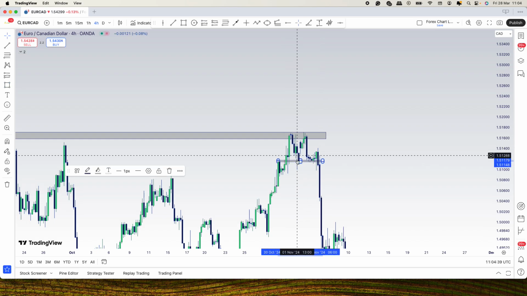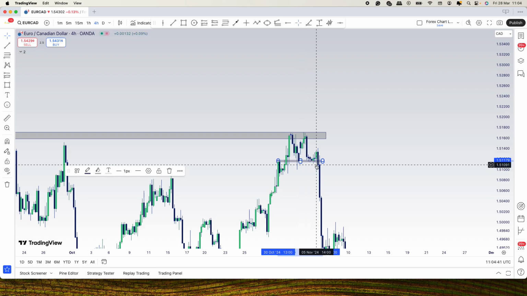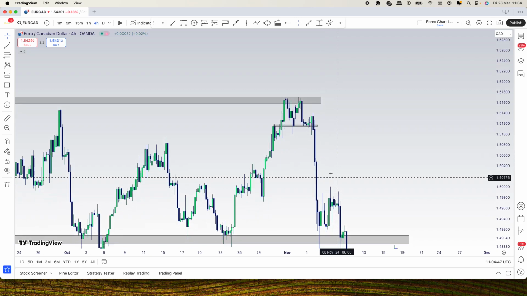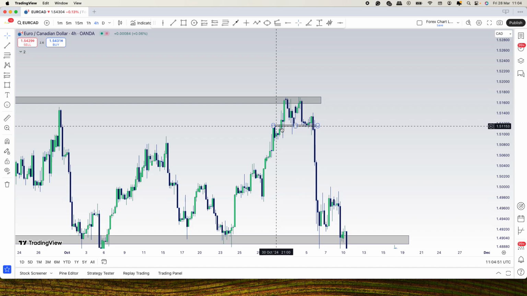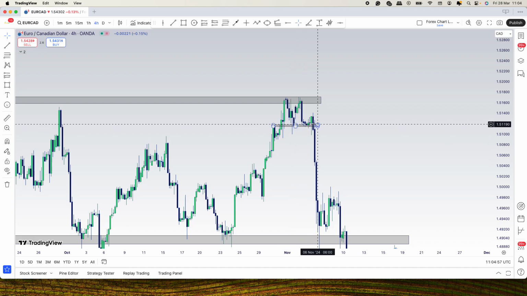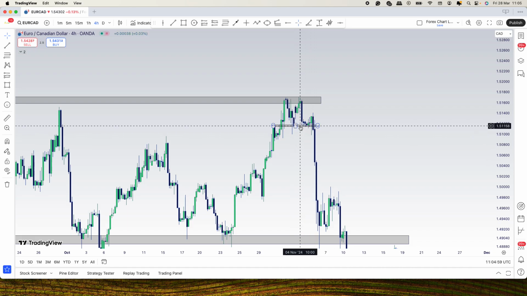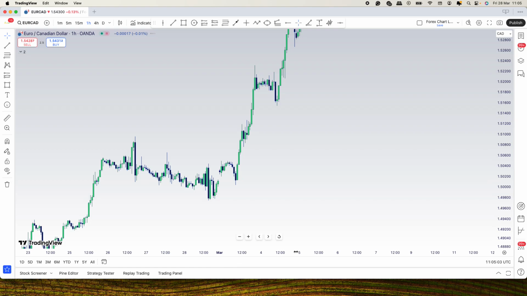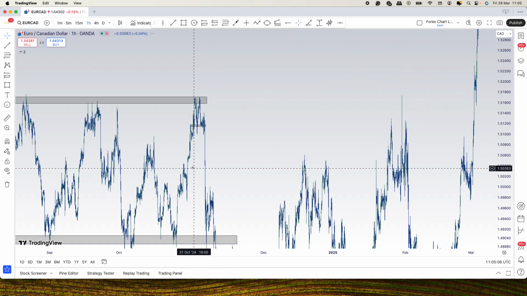No candle closes below it, so when we get a candle close below this on the 4 hour, we know that this is most likely going to move to the downside, and then look what's happened. This is what I would class as a major level because it's a daily level. This is a major level on the 4 hour.